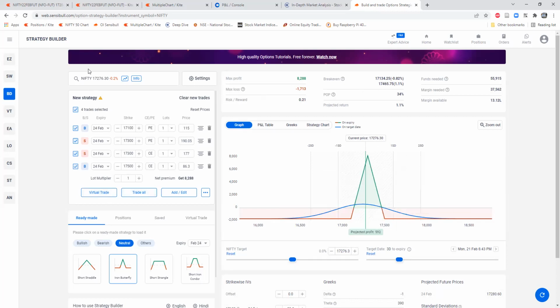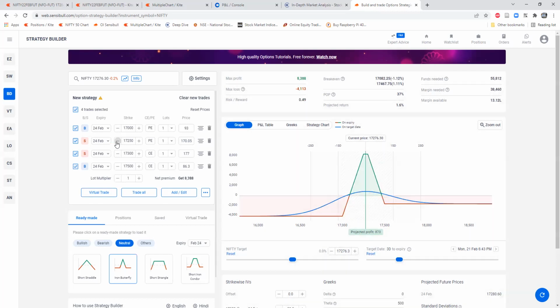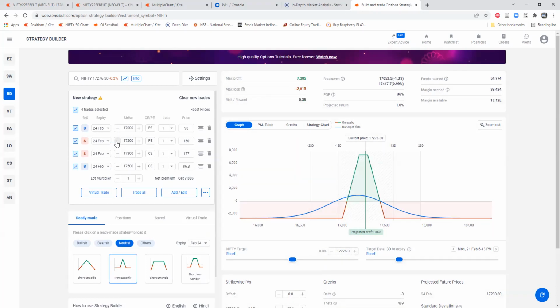Because the downside risk is a little bit high now, I wouldn't suggest anybody sell put options here. You can move it a little lower to minimize your risk, and on the upper side you can be comfortable a little closer.